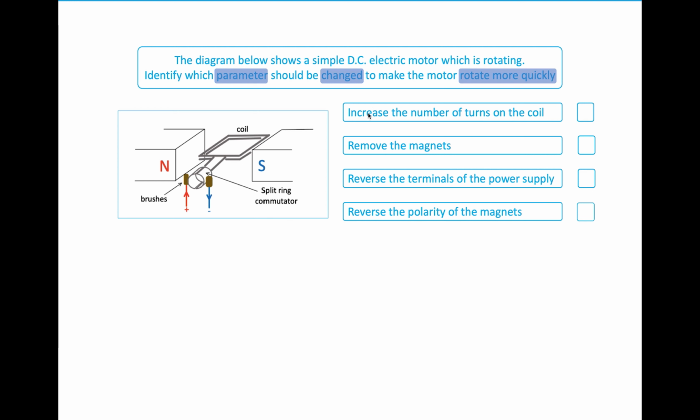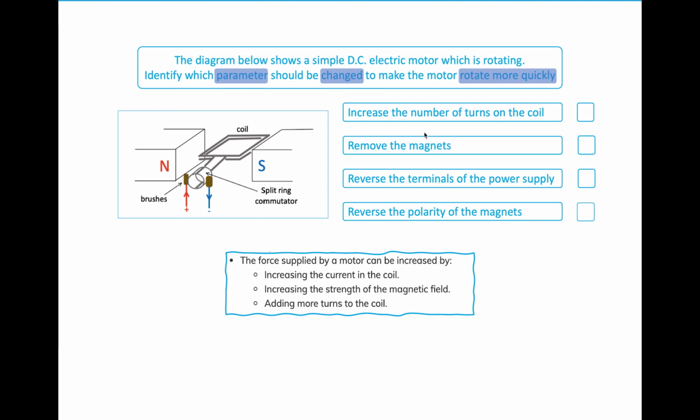So by exclusion, I've got increasing the number of turns of the coil. So we're going with that as our correct answer, but we've solved it by exclusion. If you do remember the theory, and I'm going to bring up the screen grab, here it is. Remember the force applied by the motor, that's the EMF, the electromotive force.